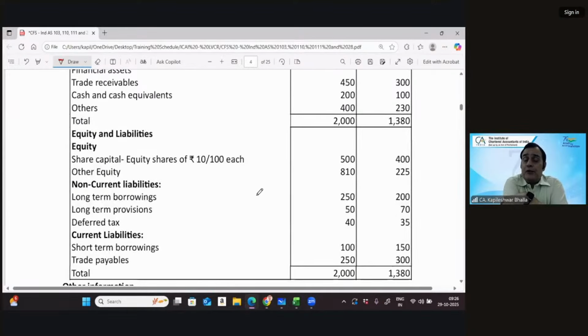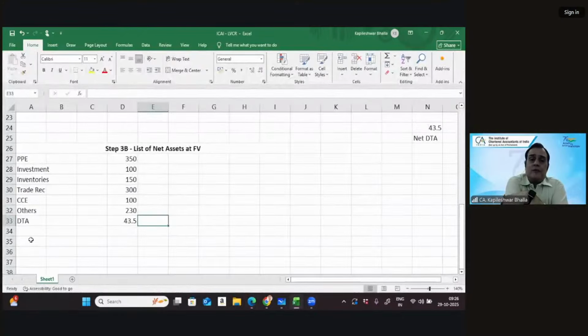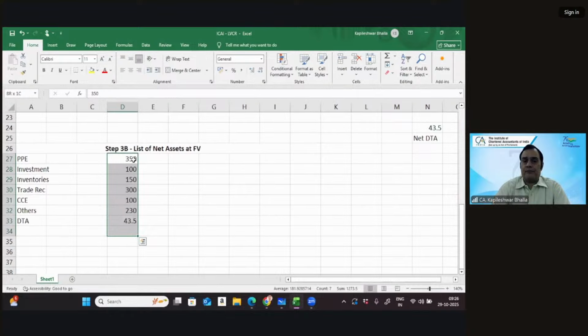Let's now come to the balance sheet on the liability side. But first, let me do one thing. Let's take the sum total of the assets. So this comes to a total of 1273.5. Now let's go to the liabilities.